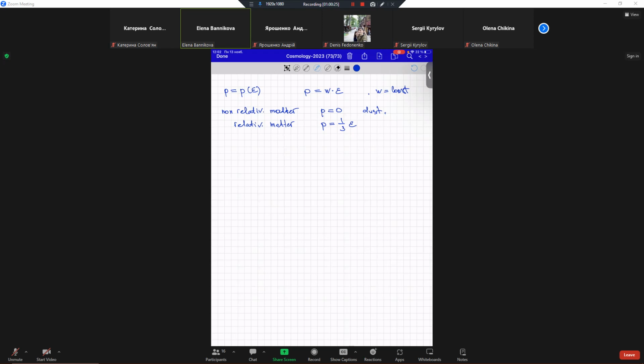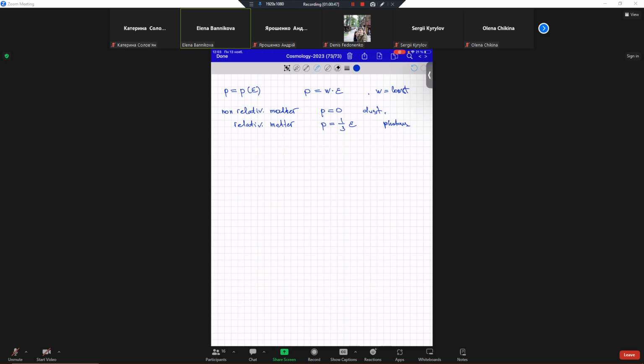This is the equation of state of emission. Photons, okay, photons. In principle, when we speak about relativistic matter, we also need to take into account neutrinos, which are also relativistic particles.